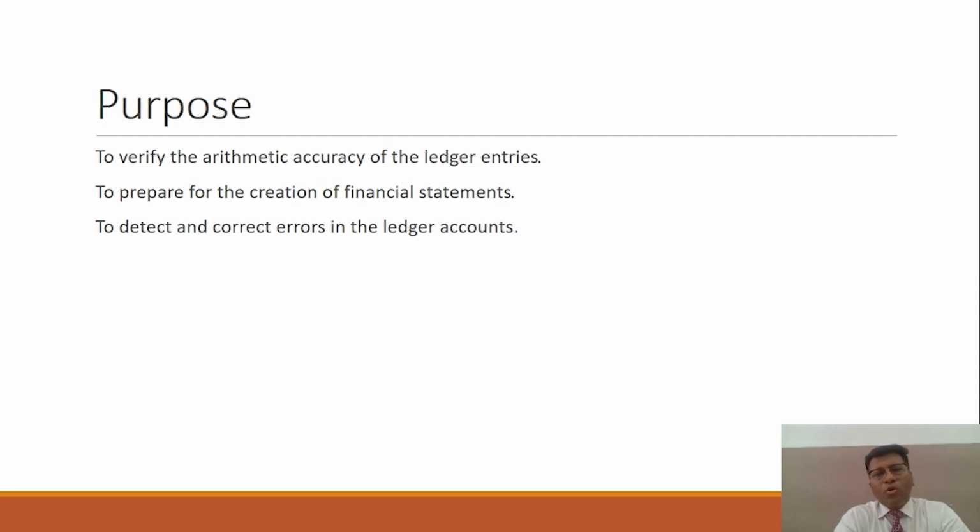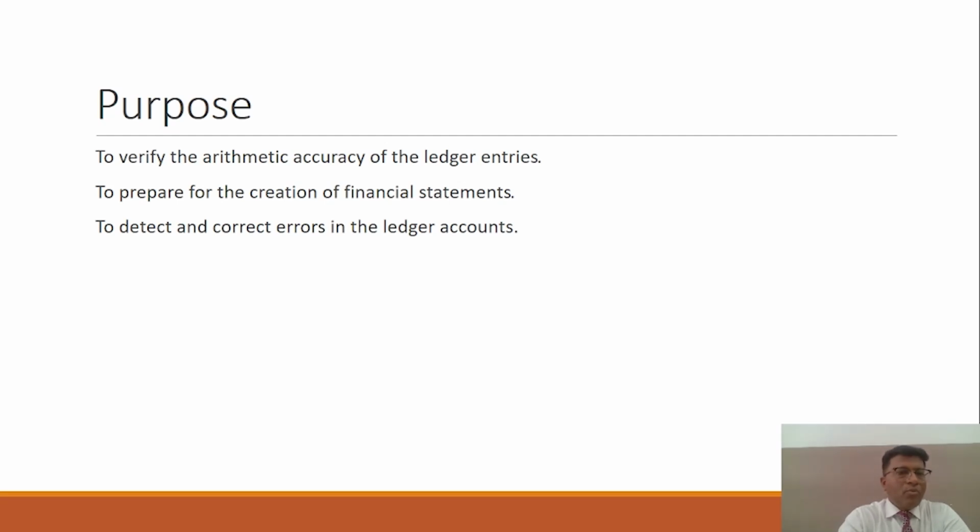The ledger is a group of accounts, the place where you are posting all the transactions of a similar nature, because all the entries of the same account would be posted in the ledger. Once you have entered all the business transactions into the ledger, you have to close the accounts, and you find a particular balance, and the balance may be on the debit side or the credit side.